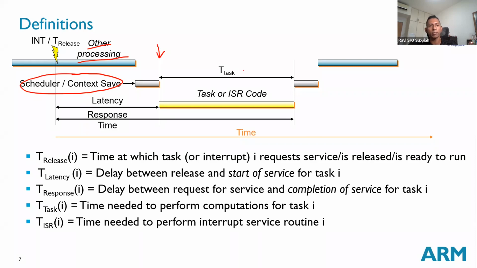So at this point of time, the saving of the context is done, and you can now switch over to the interrupt. Once the interrupt is done, you restore the context, and then you can continue from where you left off.